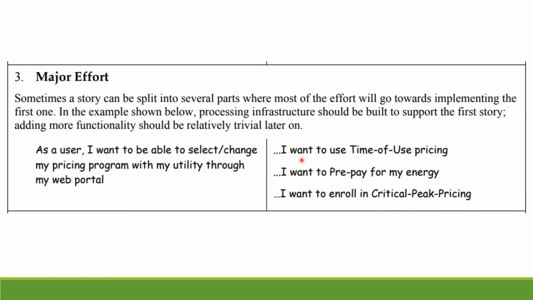It may look like a major effort, so try to split it down into smaller pieces of work. As a user, I want to use time-of-use pricing. I want to prepay for my energy. I want to enroll in critical peak pricing. We split it down into a number of utility user stories, and you can turn that effort into smaller efforts.